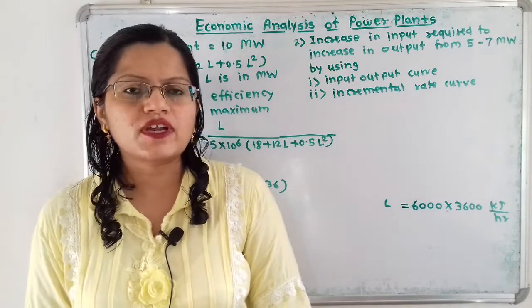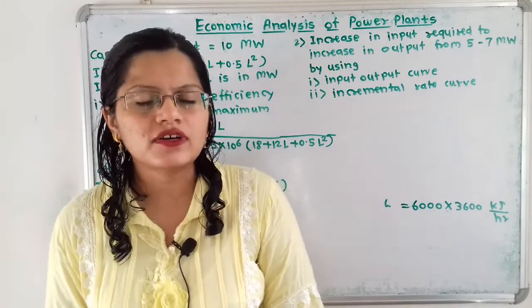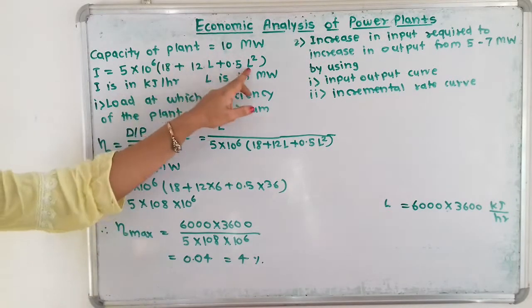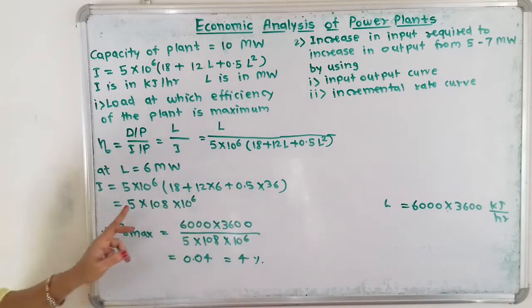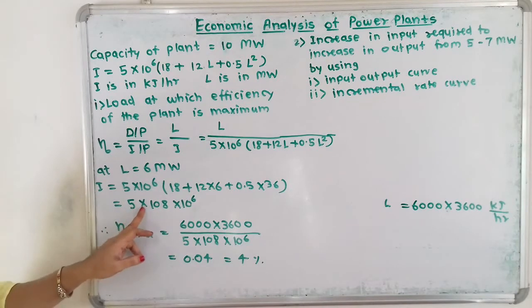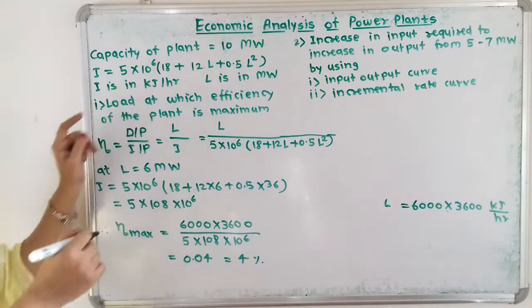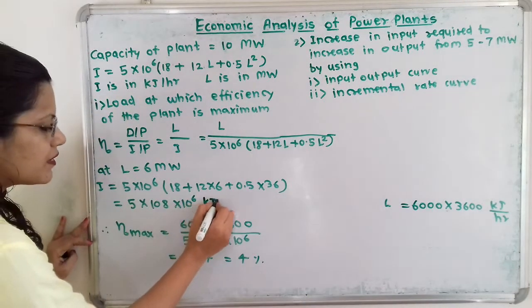Now we will calculate the value of I at load L is equal to 6 megawatt. So we will put here L is equal to 6 and we will find out the value. So I is equal to 5 into 108 into 10 raised to 6. And what is the unit? As given, it is in kilojoule per hour.